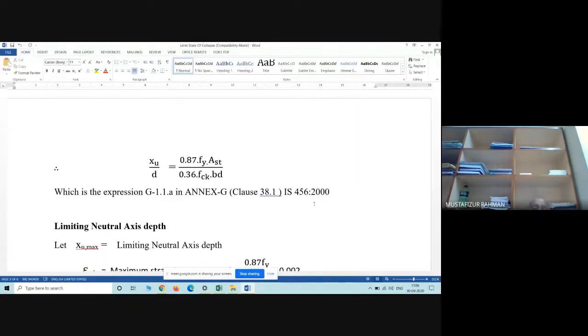We have to find out the strength up to the point of collapse, or we have to find out the section required to resist the external load at the point of collapse, or we have to find out the amount of steel still required at the point of collapse. So that collapse we have to utilize. Okay.